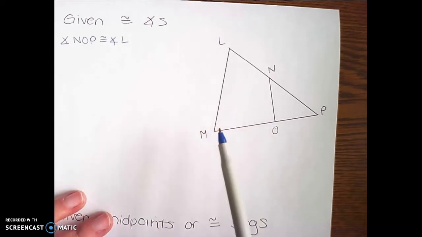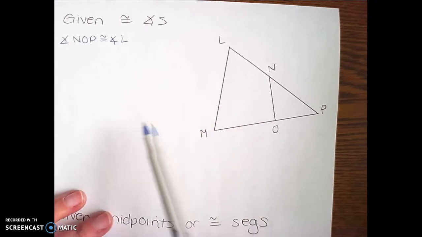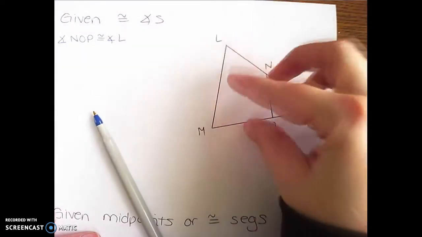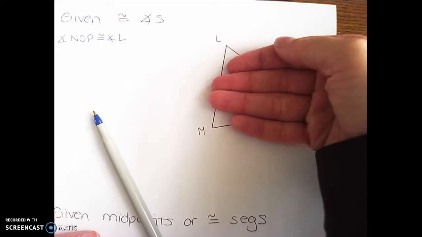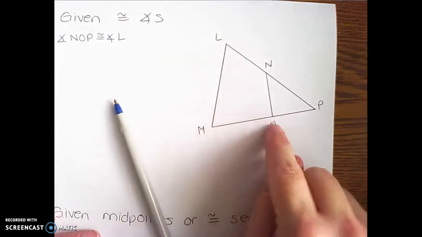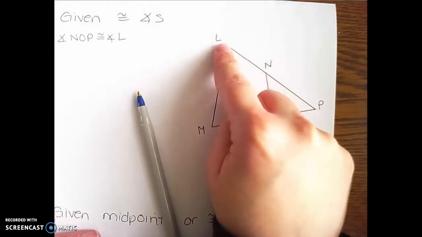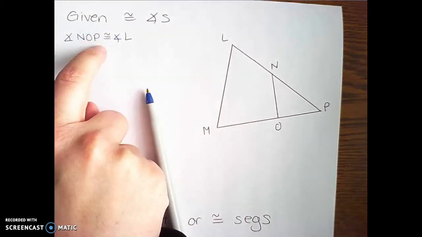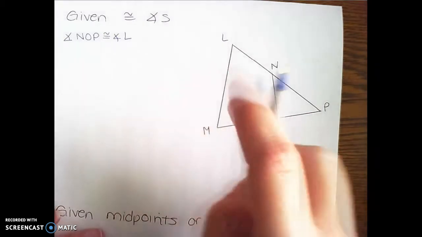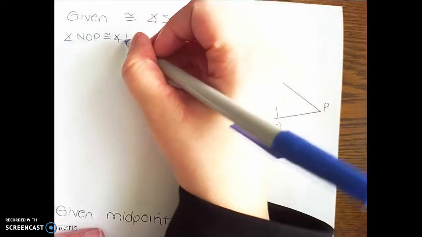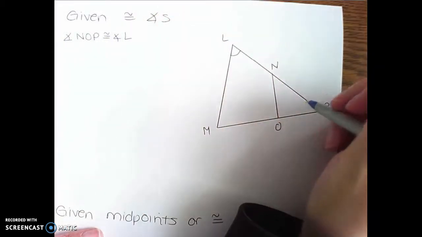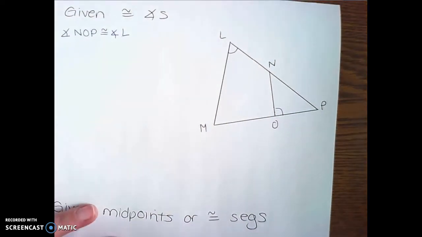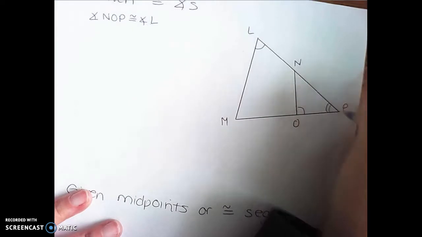So what's happening here is that I'm not just having a dilation, but this triangle, in addition to being dilated, is also being reflected. So I don't have O and M corresponding and N and L corresponding because my lines are not parallel. That's why I have to give you some congruent angles in the problem. So if I mark these angles, I have angle L congruent to angle NOP, that's this angle. I know angle P is congruent to itself by the reflexive property.